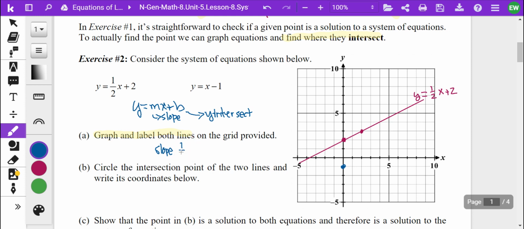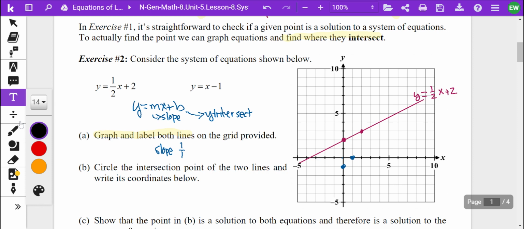It's 1 over 1. Remember when there's no coefficient, make sure you always use the slope 1 over 1. They don't write it because 1 over 1 equals 1, and 1 times anything is itself. It still exists though. So this is positive. So it's rise 1, run 1. So up 1 to the right 1.